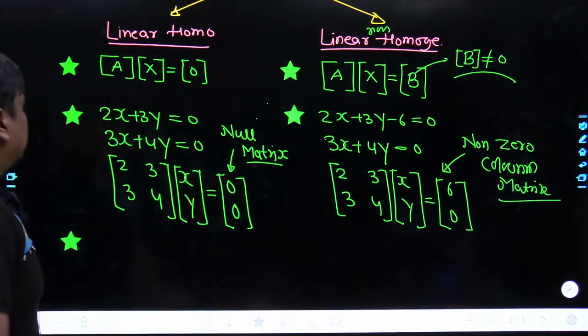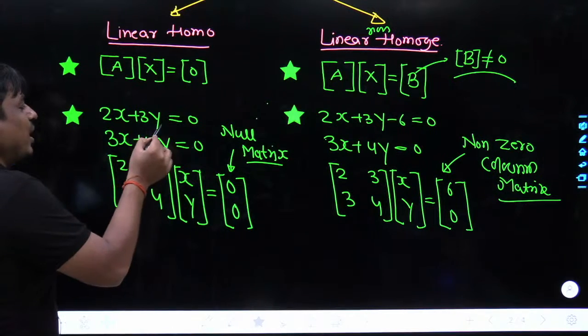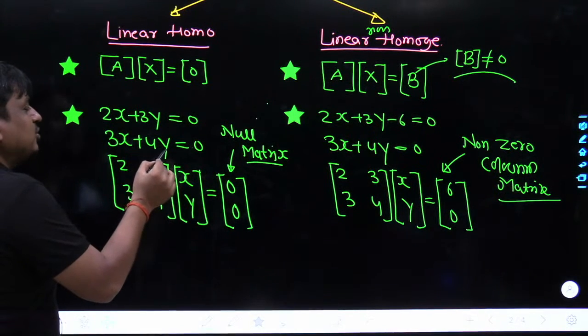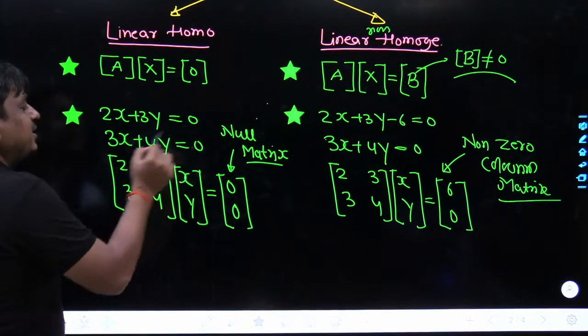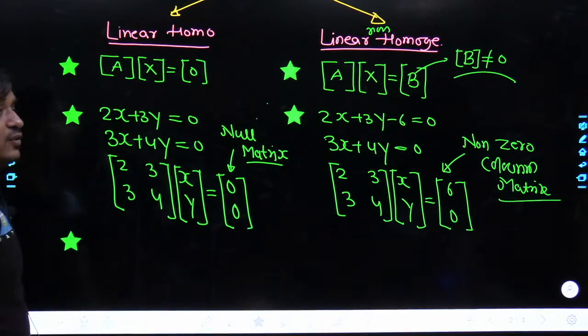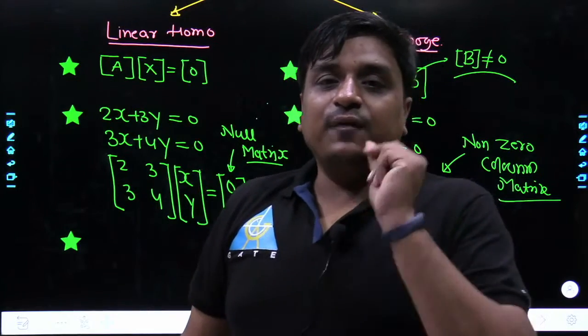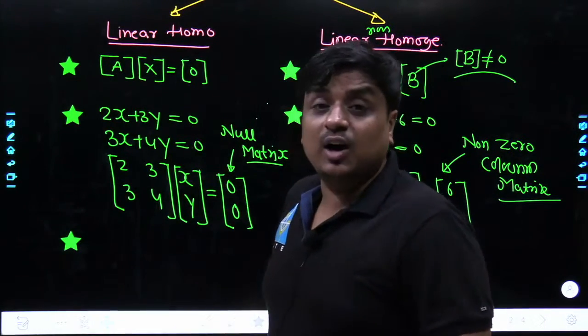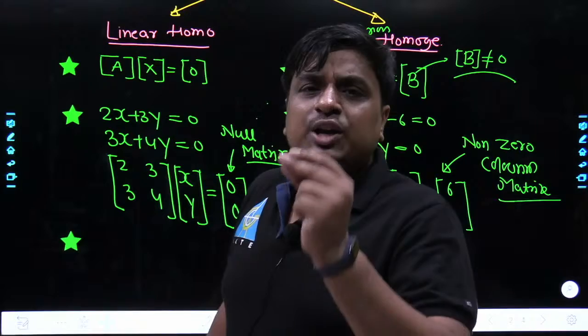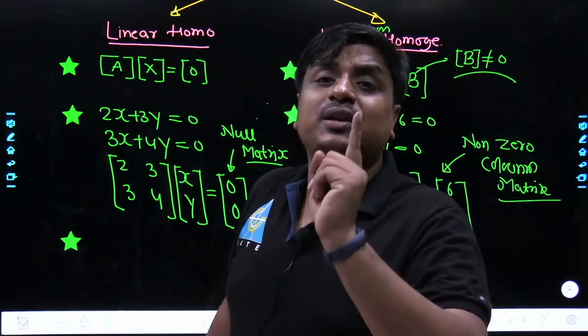If you keep x equals 0, y equals 0, left hand side and right hand side will always get matched. What does it mean? If you are playing with a homogeneous linear equation, 0, 0 would always be a solution.